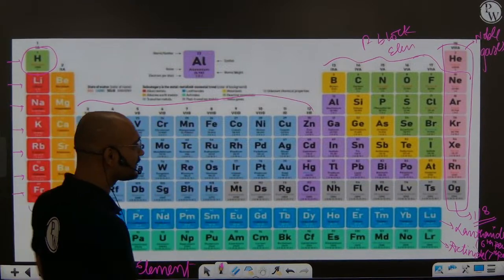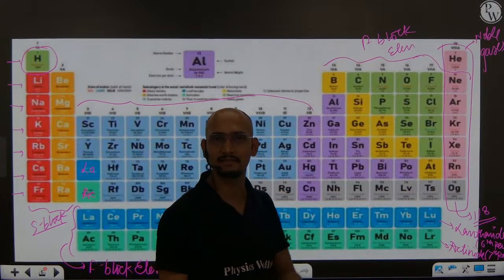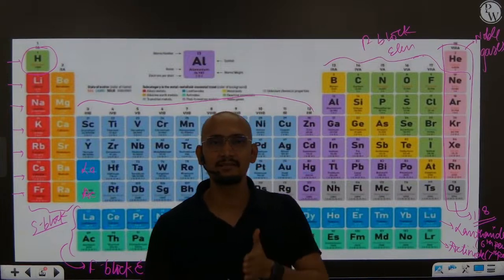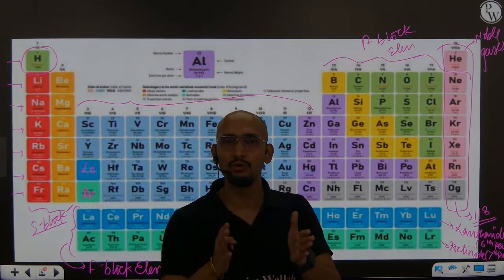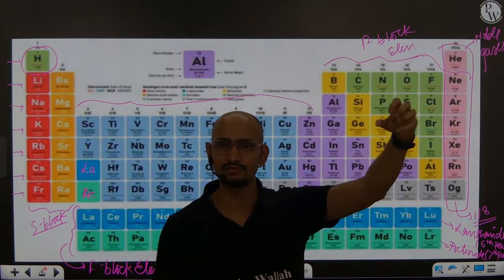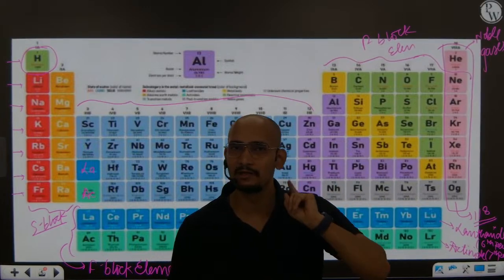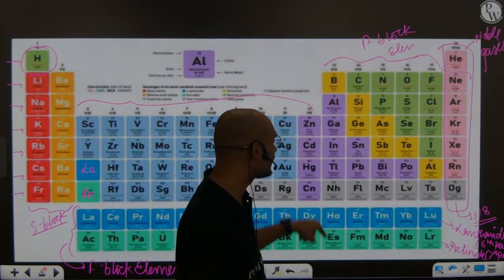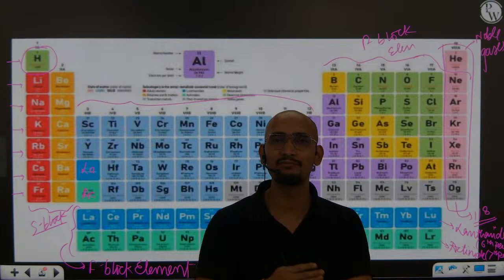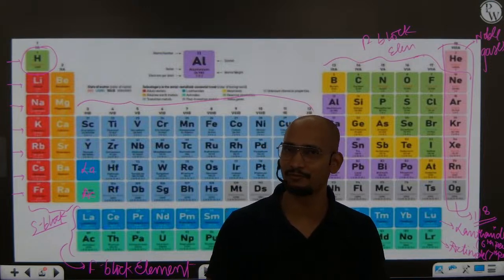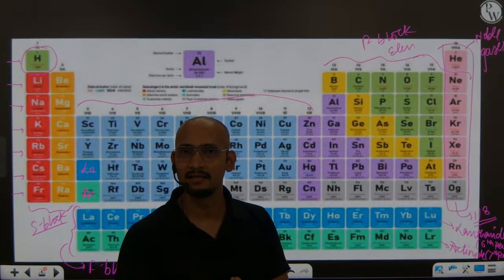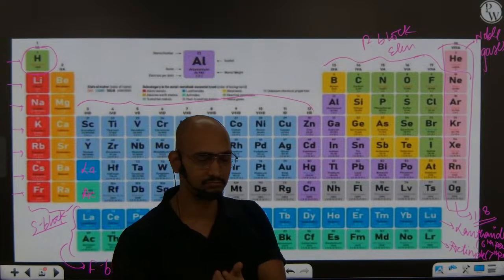Why are zinc, cadmium and Hg not considered transition elements? Because for transition elements, the last two shells should be incomplete, the outermost and the penultimate shell. But in zinc, cadmium and Hg, the penultimate shell is completed, (n-1)d10 is completely filled.